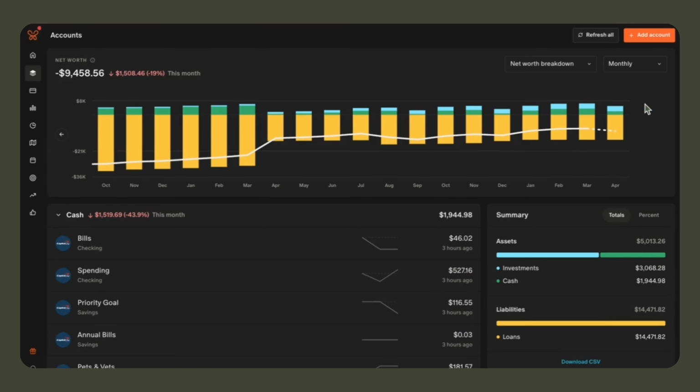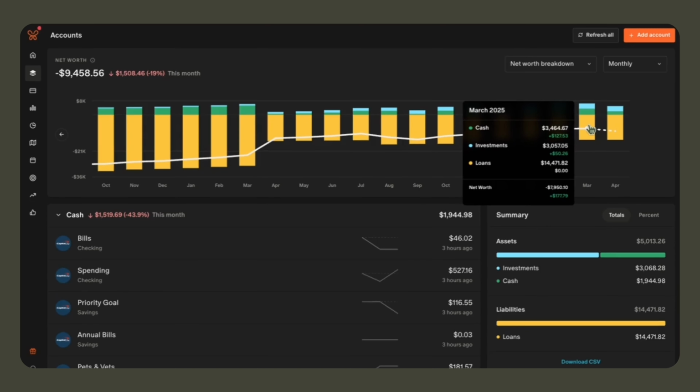And lastly, to close out everything in this account section, we're going to review my net worth numbers for March. By the end of March, I had $3,464.67 in cash, and that's between my checking, savings, and my pre-tax benefits. And then for investments, I had $3,057.05 in my 401k.